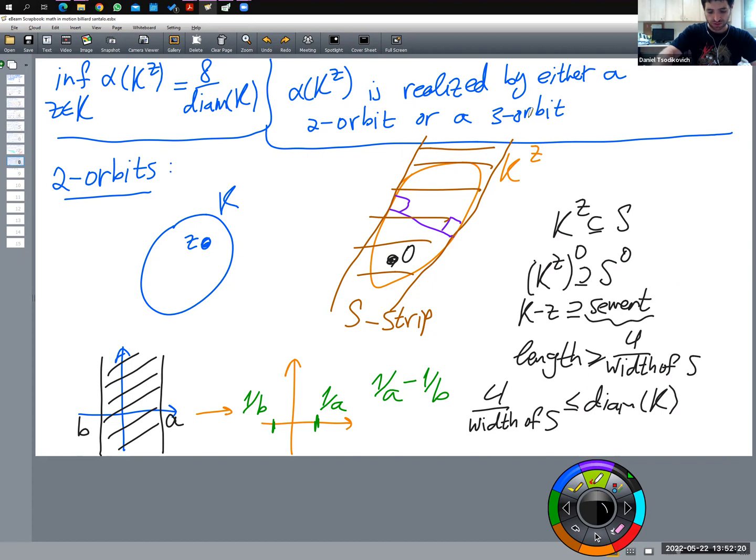By the way, it's also easy to see the sort of converse construction.